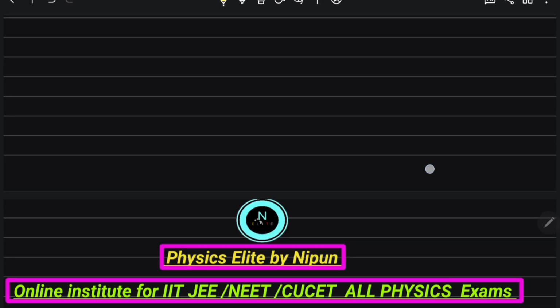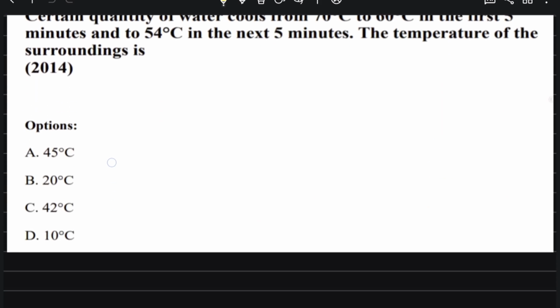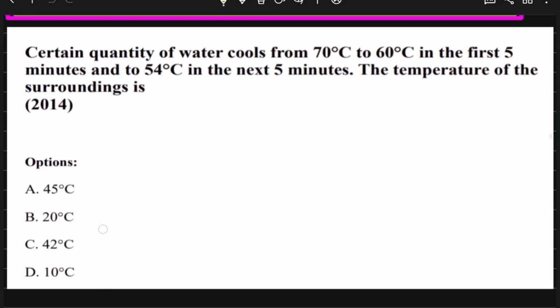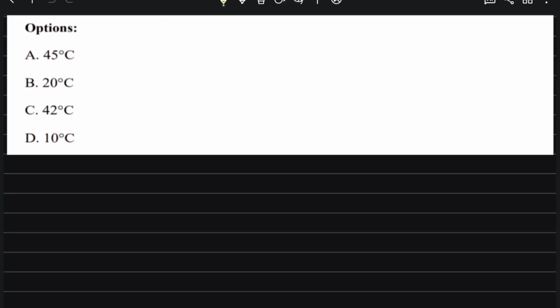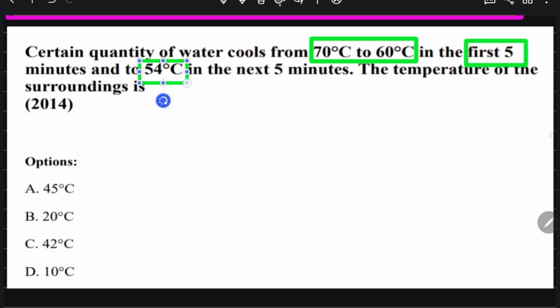Now I proceed for the next question. A certain quantity of water cools from 70 degrees Celsius to 60 degrees Celsius in the first 5 minutes, and to 54 degrees in the next 5 minutes.